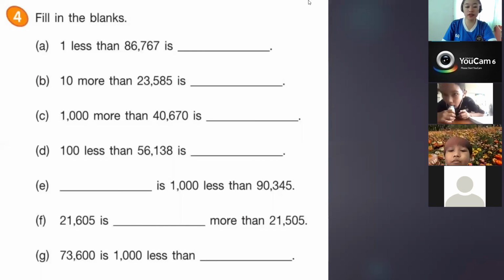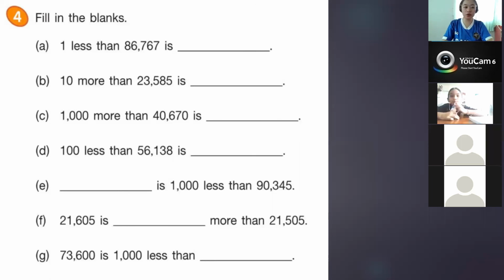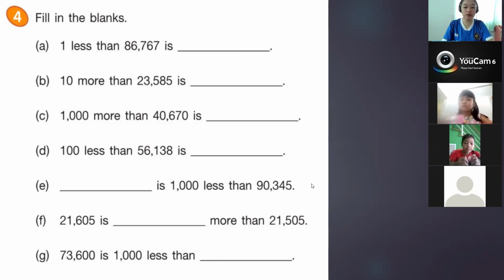Okay, so we will continue on page 22, exercise 4. Okay. So we have the instruction, fill in the blanks. Okay, so you're going to fill in the blanks again. Okay, letter A, 1 less than 86,767 is blank.